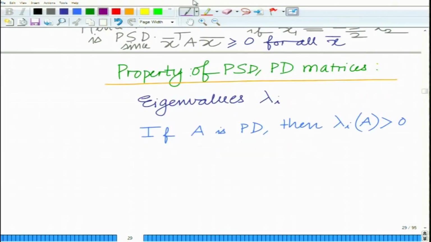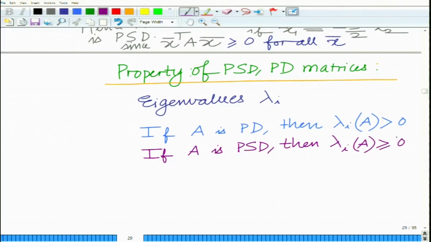On the other hand, if A is PSD, then the eigenvalues are greater than or equal to 0. That is, some of the eigenvalues can be 0 and the rest of them are greater than 0. So, this is an interesting point. For a PD matrix, the eigenvalues are strictly greater than 0. For a PSD matrix, the eigenvalues are greater than or equal to 0.